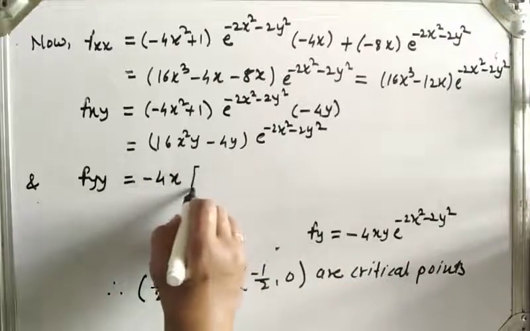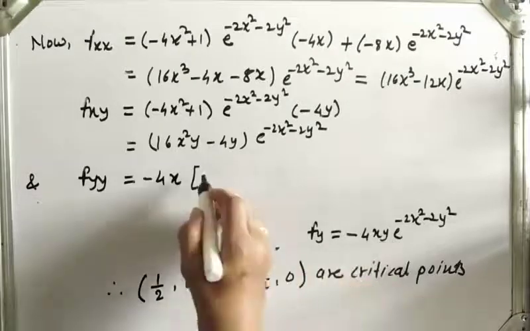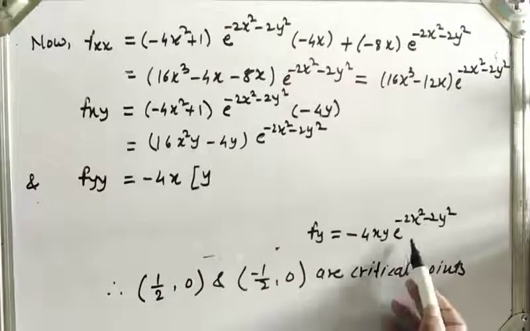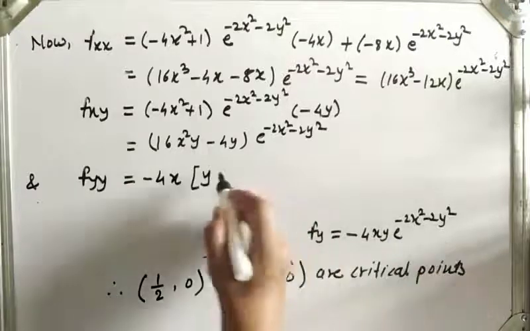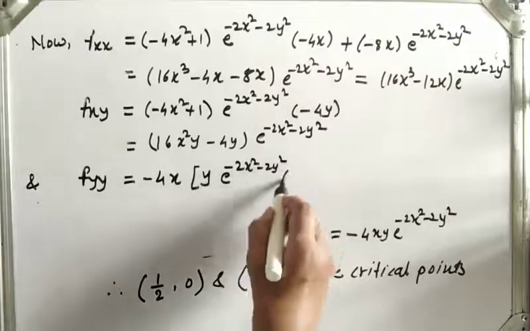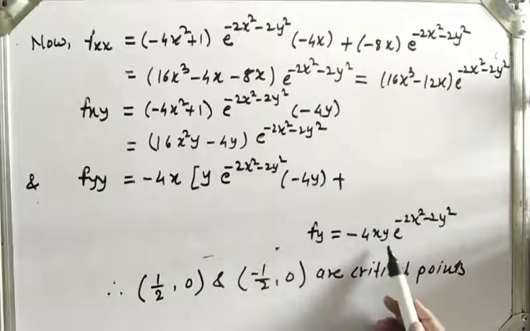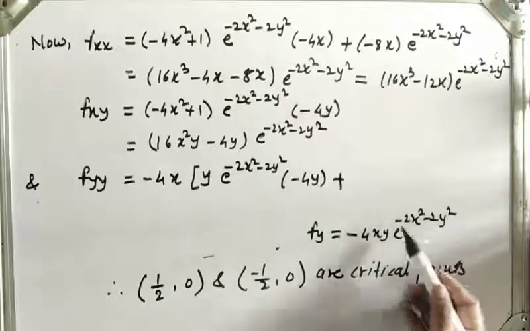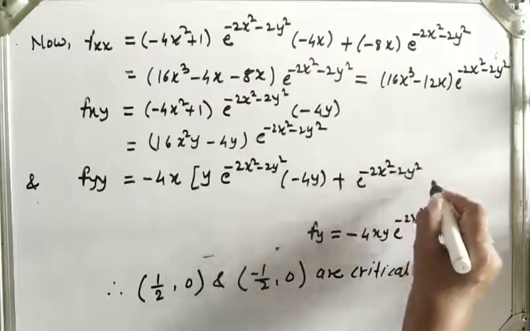Then y and this second function of y. Keep y as it is. Derivative of e raised to this quantity with respect to y will be e raised to minus 2x square minus 2y square into minus 4y, plus derivative of y with respect to y, that is 1, plus second quantity as it is, e raised to minus 2x square minus 2y square.